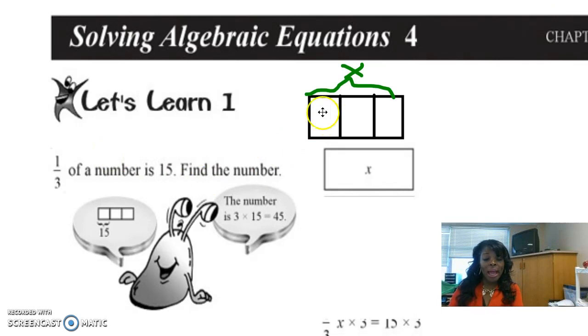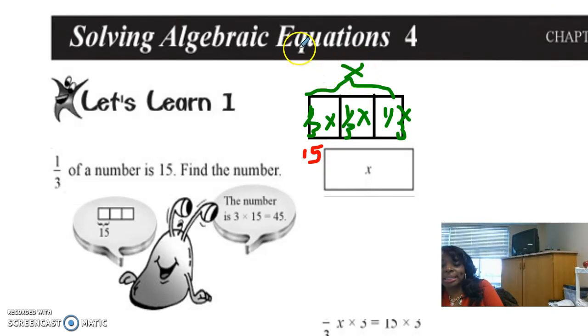Okay, so now each of these sections is 1/3 of X. 1/3 of X, 1/3 of X, and 1/3 of X. Okay. But how much are we actually talking about? 1/3 is 15. So just one of these is 15. We want to know what the entire X is.